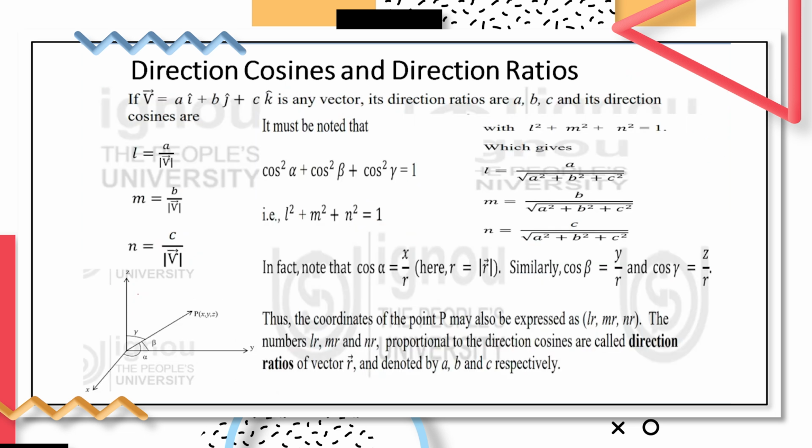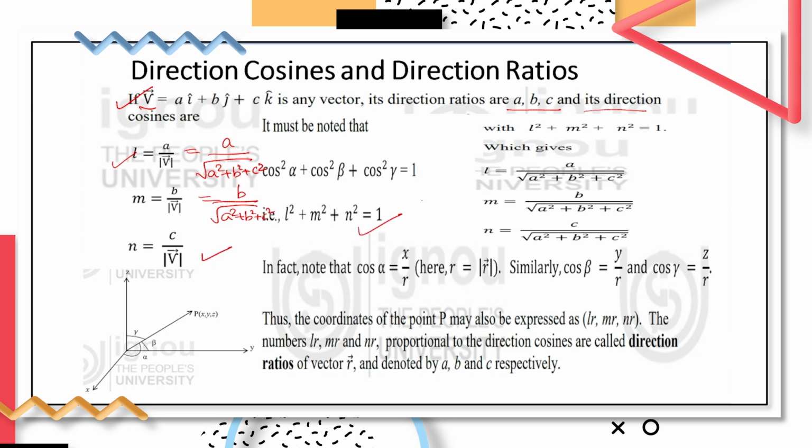Now say we are given a vector V, which is equal to ai plus bj plus ck, where a, b, c are the direction ratios, then its direction cosines, we already learned, are l equal to a upon square root of a square plus b square plus c square, and similarly m is b upon square root of a square plus b square plus c square, and similarly for n.